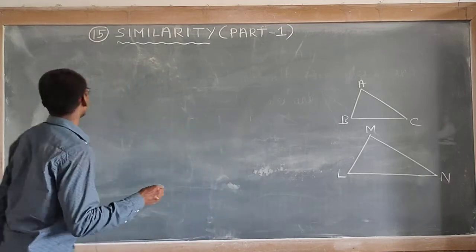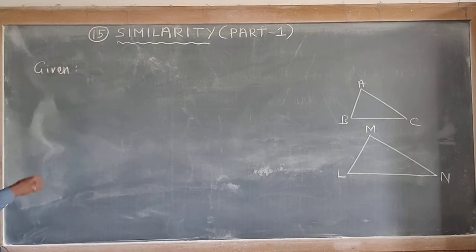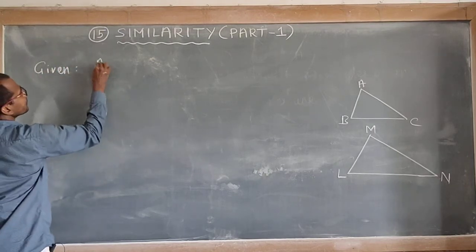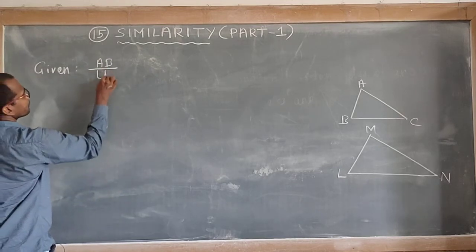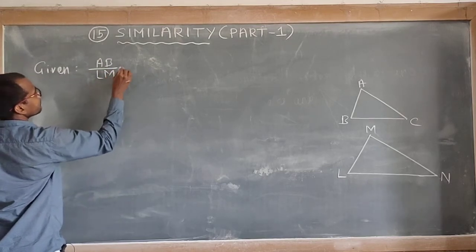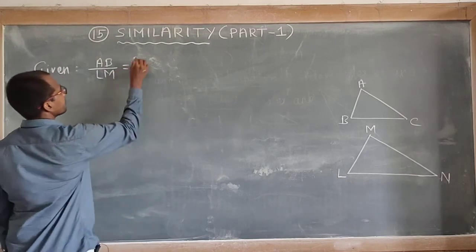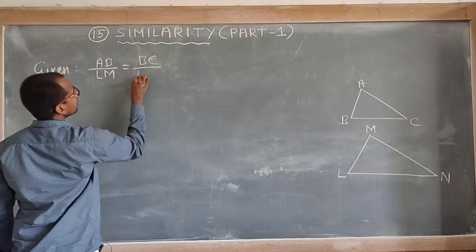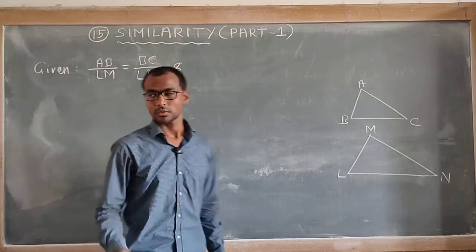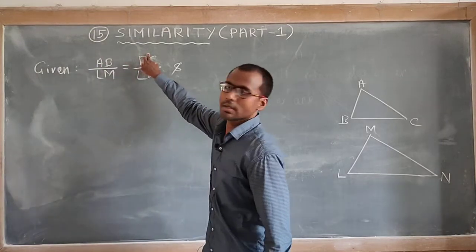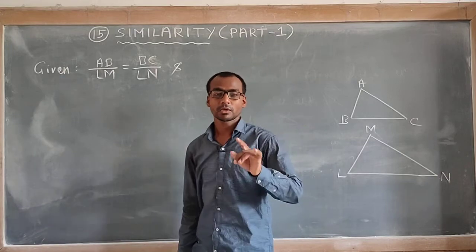Suppose it is given AB by LM is equal to BC by LN, and so two sides of triangle ABC are proportional to two sides of triangle LMN, and the included angle.